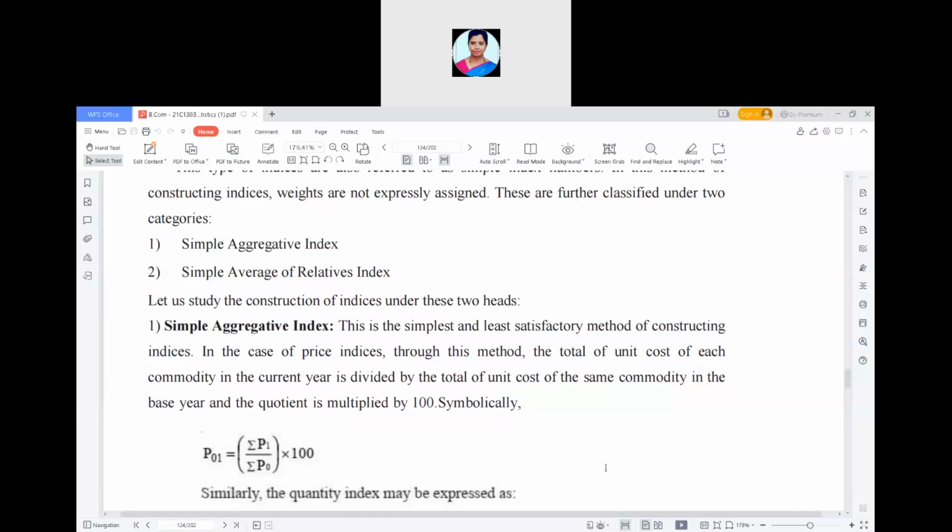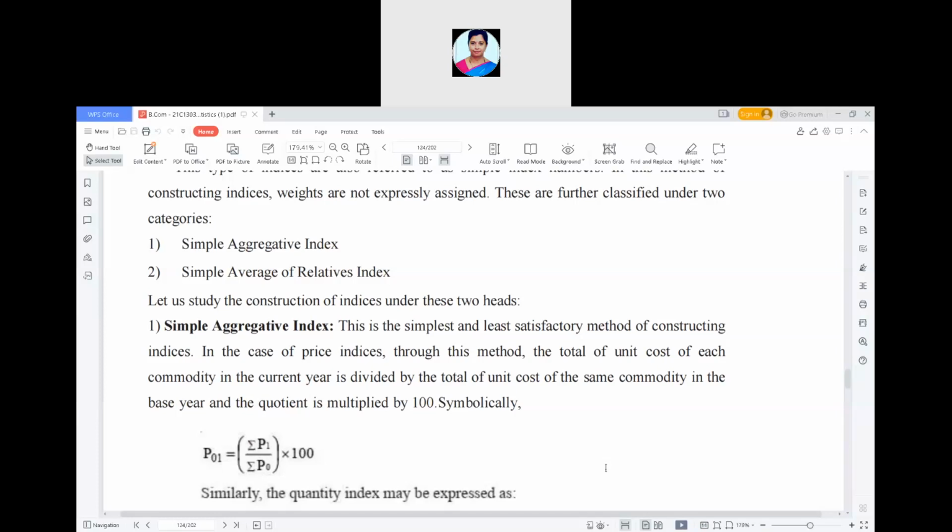Summation P1 is the total of current year prices for various commodities, and summation P naught is the total of base year prices for various commodities. This method of constructing the index is the simplest of all methods.